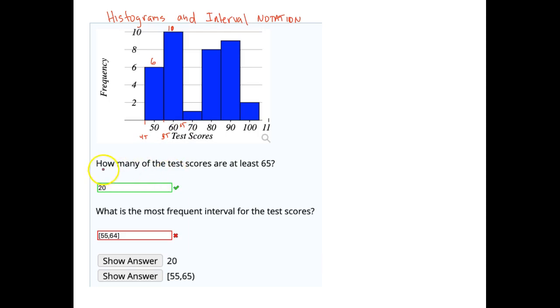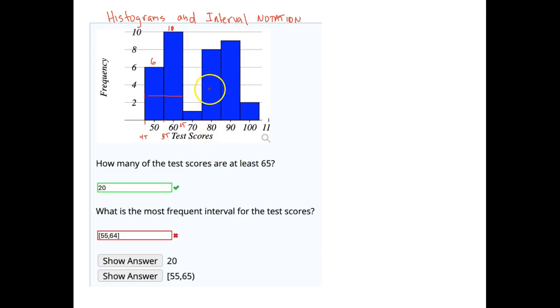And so how many of the test scores are at least 65? Here's 65, so we know this entire group here scored from 45 all the way up to, oh, I'm going the wrong way, not at least. This is less than 65.